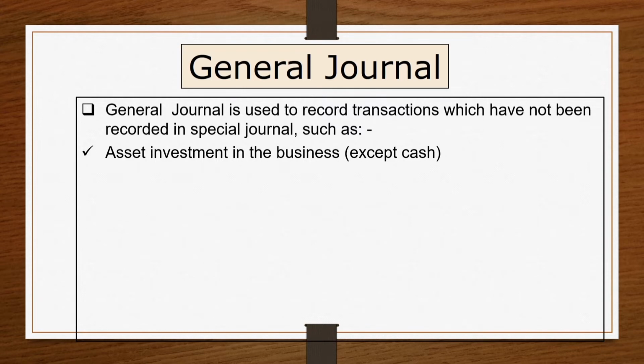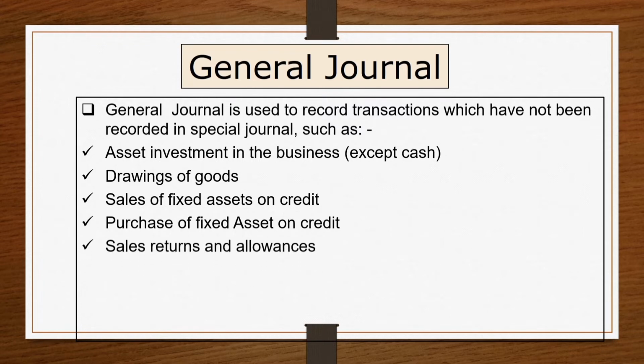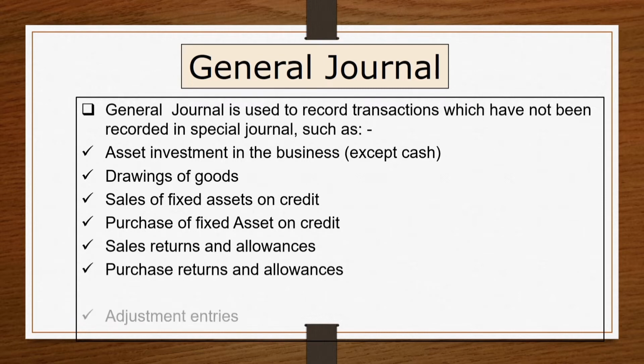in the business, drawing of goods or drawing of merchandise, sales of fixed asset on credit, for example, sales of vehicles on credit, purchase of fixed asset on credit, sales return and allowance, purchase return and allowance because of the damaged goods, adjustment entries, and closing entries.